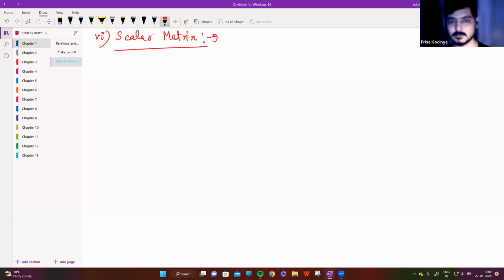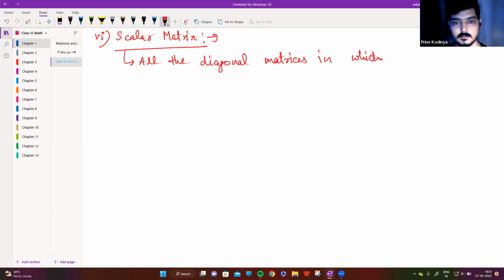Now, what is the speciality of a scalar matrix? So let's say this is our diagonal matrix, A equals Aij, n cross n.